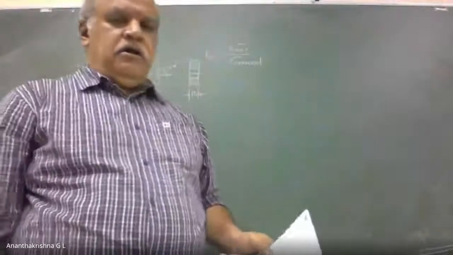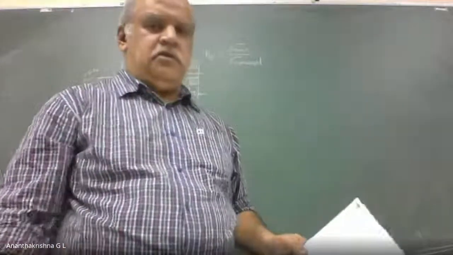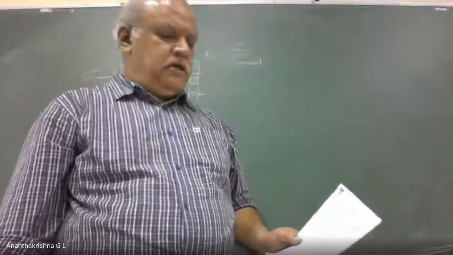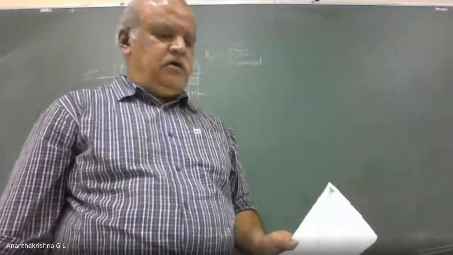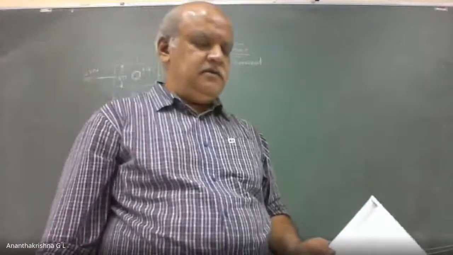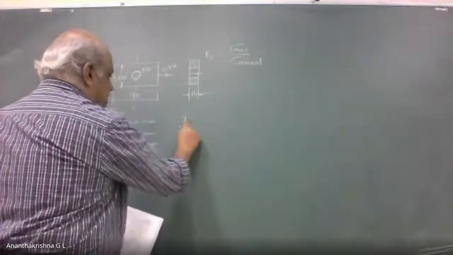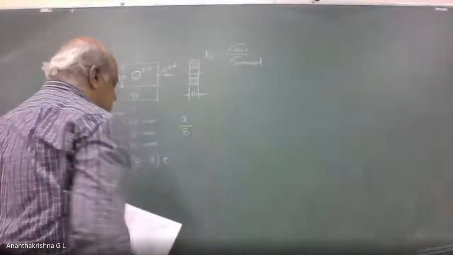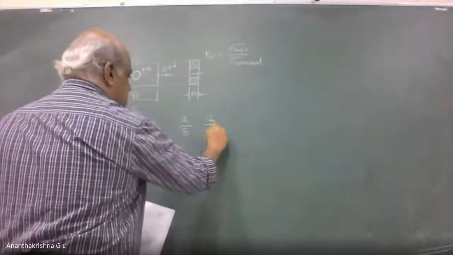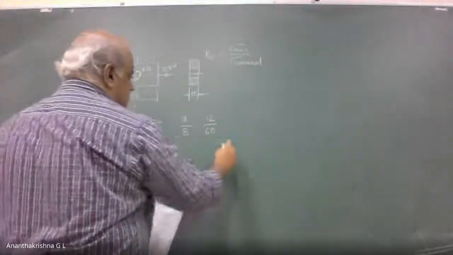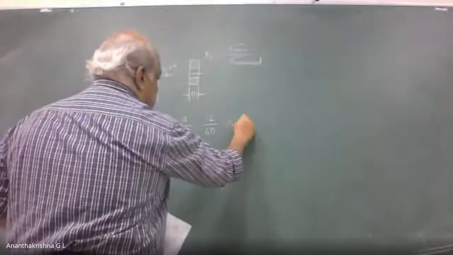And now, Tarun Pachori, what is it from the figure? What is it on the x-axis? a by B, sir. Small a by capital B. What is small a from our data? It is 12 mm divided by 60, that is 1 by 5, that is 0.2. Correct?